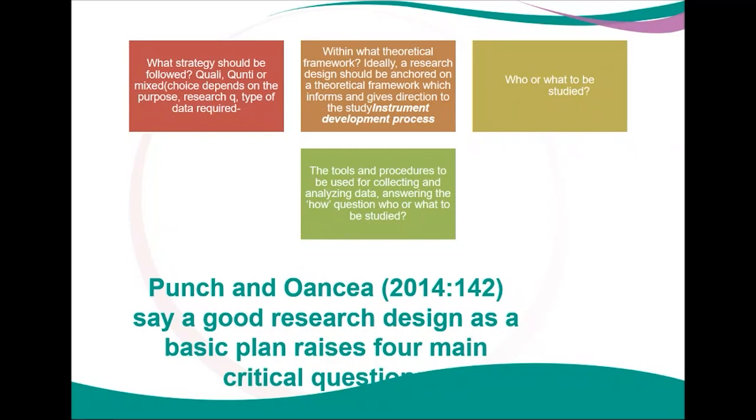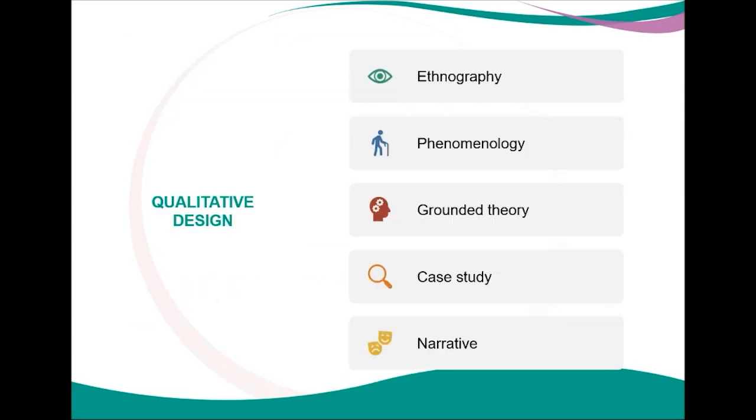And then the last question is the tools and procedures to be used for collecting and analyzing data, answering the how question. So these are the 4 questions that are critical for a good research design, according to this.